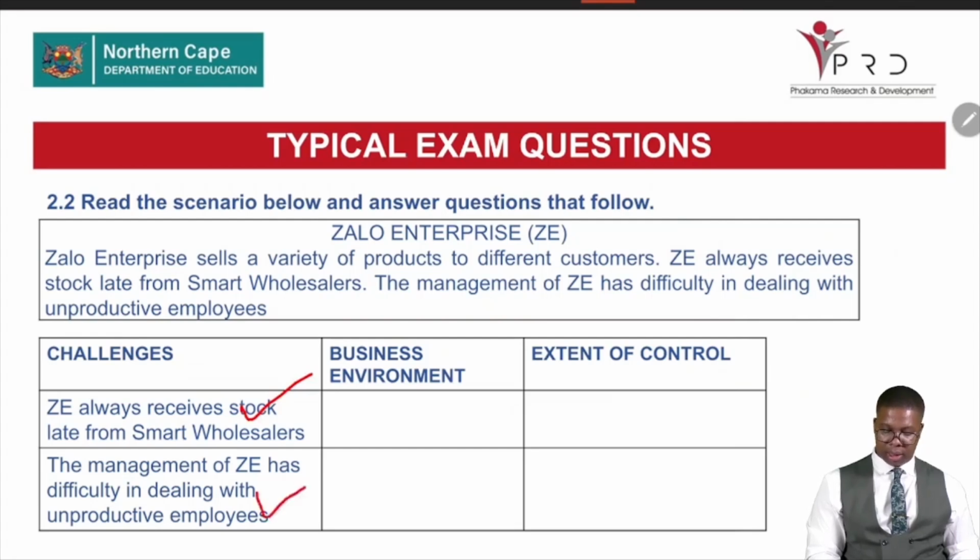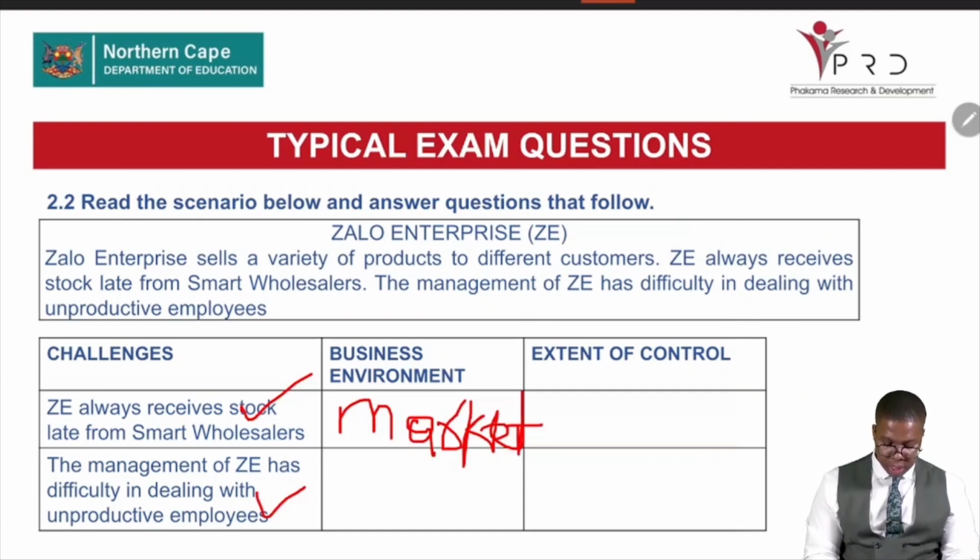That's another 1 mark there. Then which environment is applicable when we are looking into receiving stock late? It should be market environment. Then which environment is applicable when looking into dealing with the difficult employees? It should be micro environment.